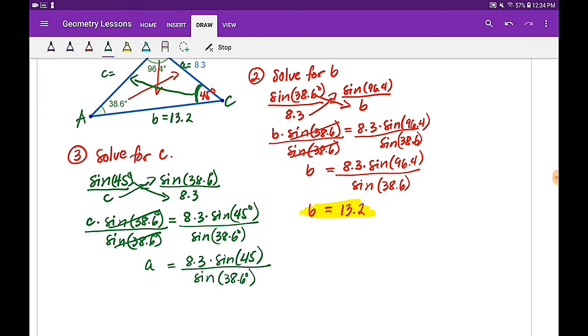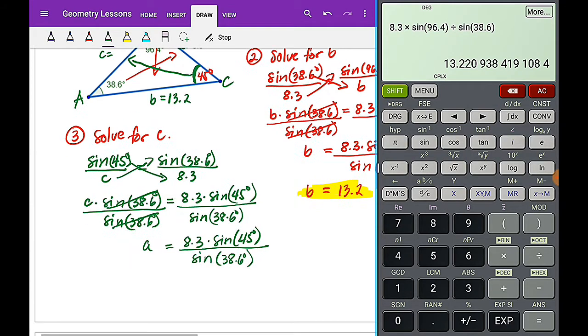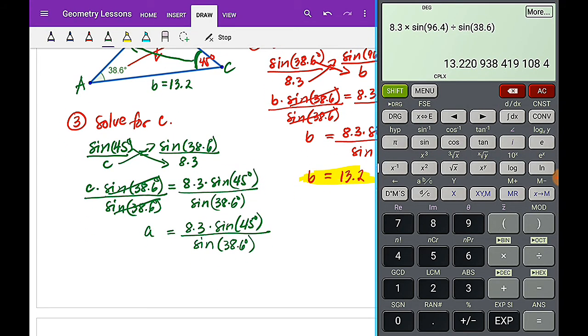So we have C is equal to 8.3 times sine 45 degrees over sine 38.6 degrees, and putting that in our calculator, you're going to get approximately 9.4 units.